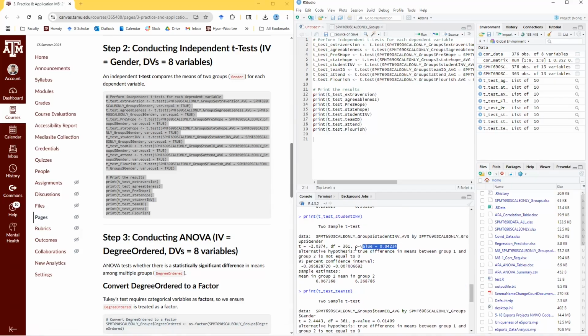Oh, it had a statistical significance at an alpha level of 0.05. So we have a 5% risk of type 1 error. We're confident at 95% that at the population level, there is a group difference in terms of student involvement.